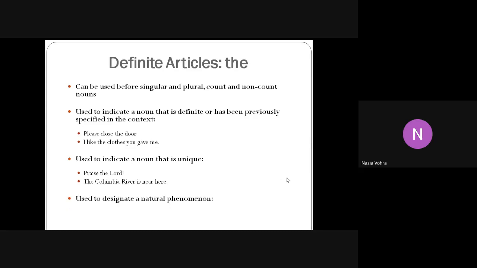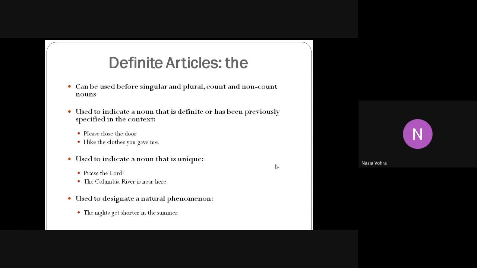Then it is used to designate a natural phenomenon. What's a natural phenomenon? Summer is a season and it is natural. The nights get shorter in the summer. There is no other summer. So again, it is unique and it is a natural phenomenon also. So something which is very natural. The flood. The flood is natural. What do you mean by flood?